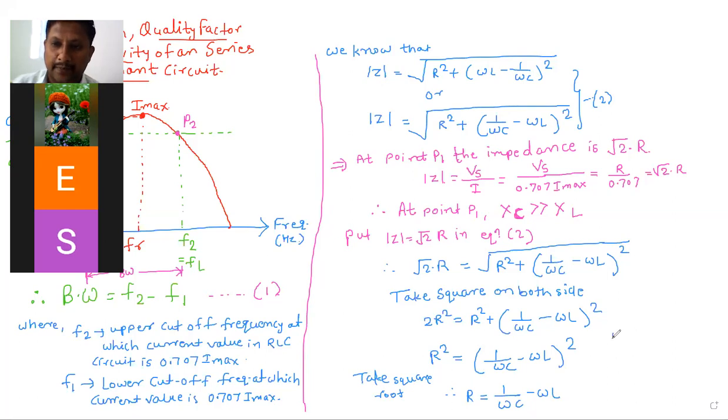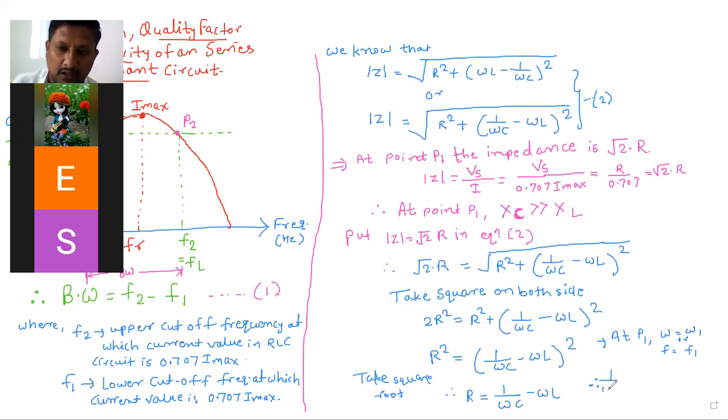So at P1, what is the frequency? FC, or let us say F1. So we are taking F1. At P1, omega is omega 1, or F is F1. So I replace omega by omega 1.